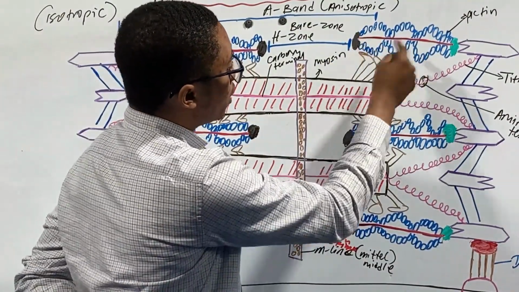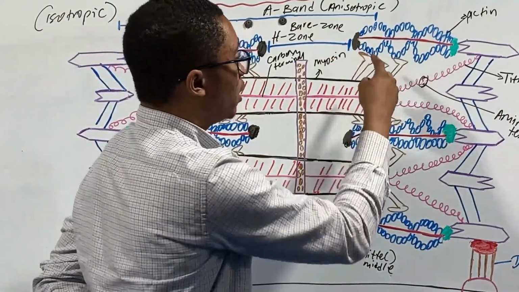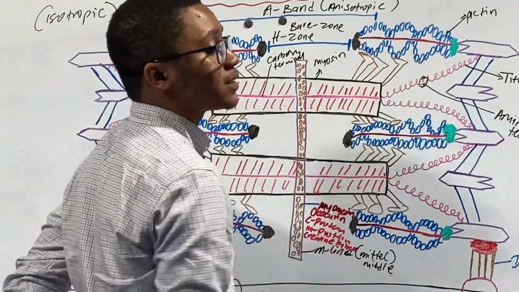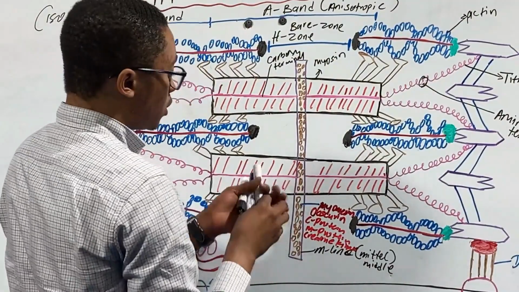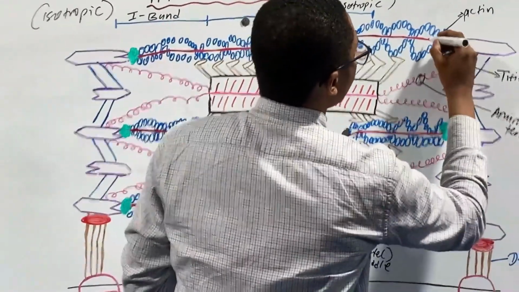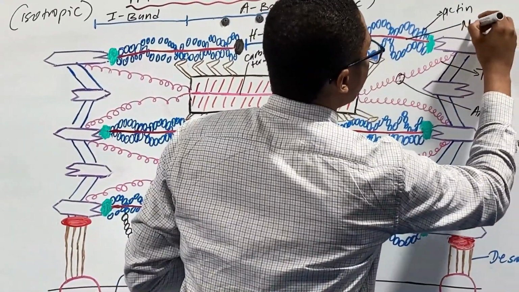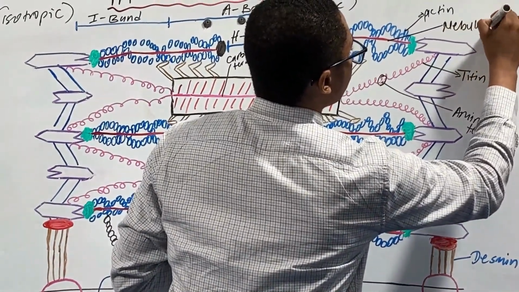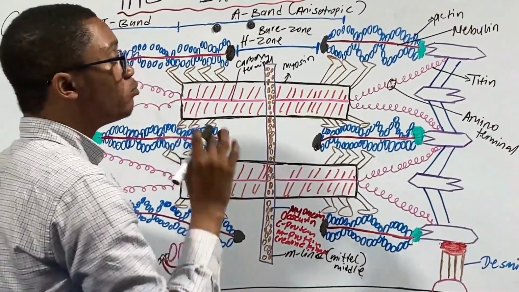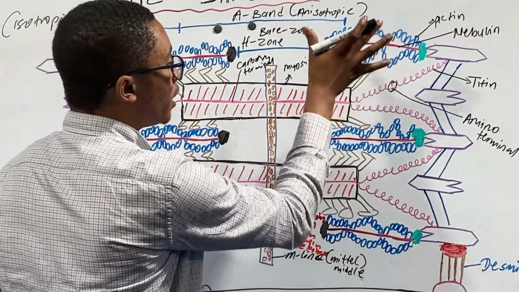Looking at this structure here, there's a protein indicated in red running through the actin. This protein is known as nebulin. Nebulin is known as the molecular ruler of the actin.